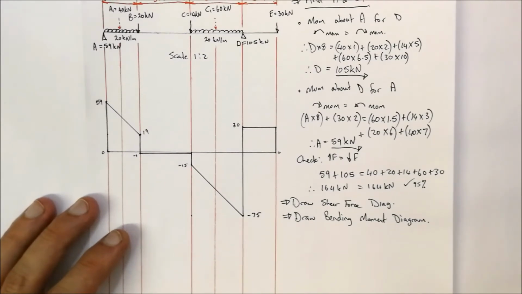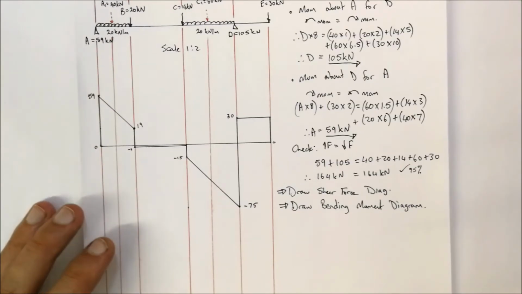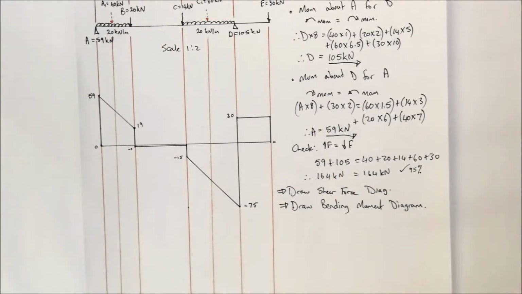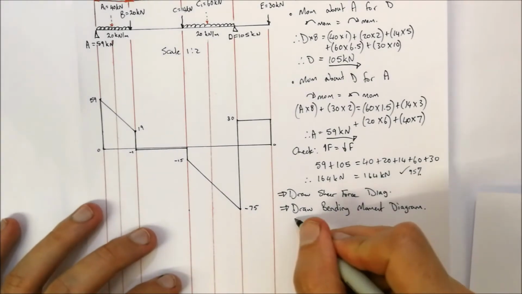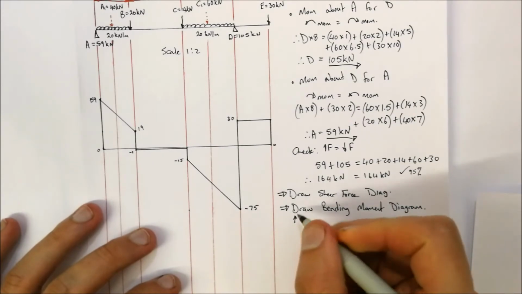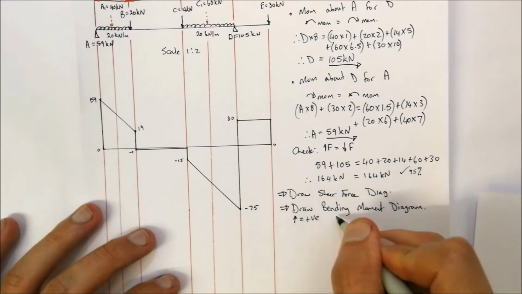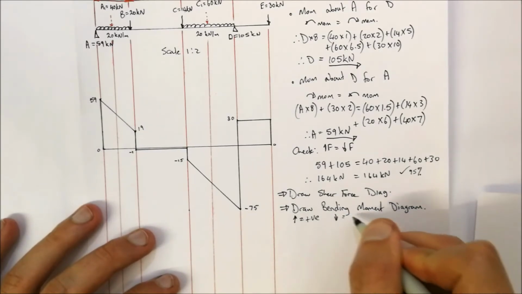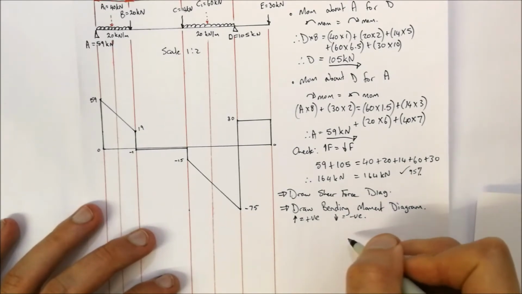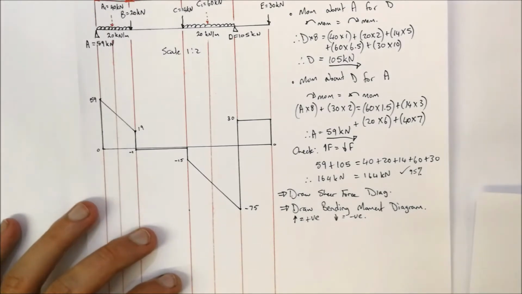Again, remember, as I said, we're going to place a piece of paper over our beam, and we're going to be looking at all the forces to the left of it. Keep in mind that upward forces are going to be positive, and downward forces are going to be negative. So we're going to be looking at all the forces to the left.